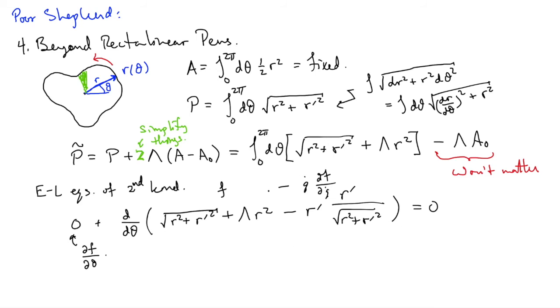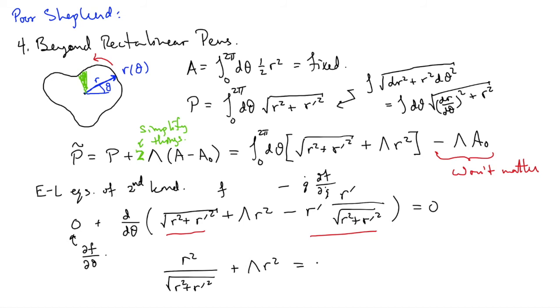I like this equation. Again, as I say often, this is an equation even I can solve. Because in this differential equation, we have a derivative of a thing equal to 0. And so the thing inside the derivative has to be constant. So we can integrate this in one step and say that it's a constant. I'm also going to simplify this. I'm going to combine the first term and the third term. Notice that this is r prime squared. And so that allows me to combine these into a single term, which looks like r squared divided by square root r squared plus r prime squared, plus lambda r squared.